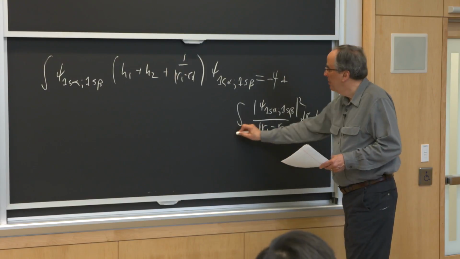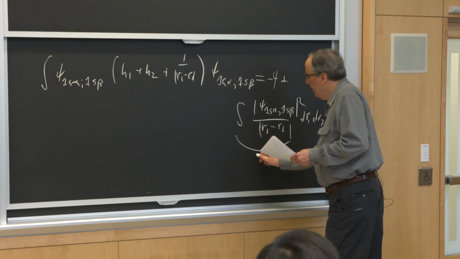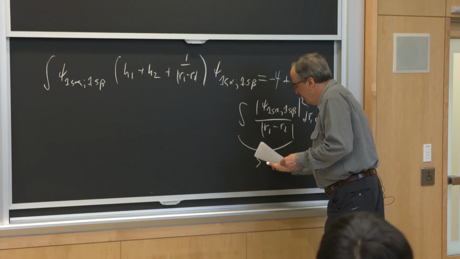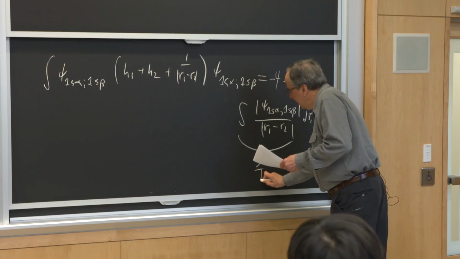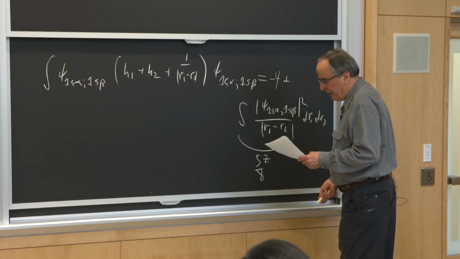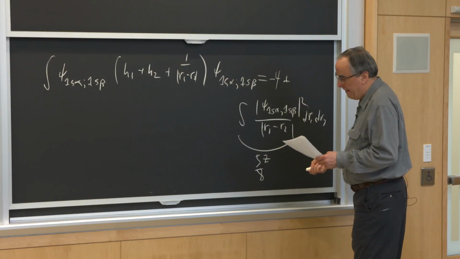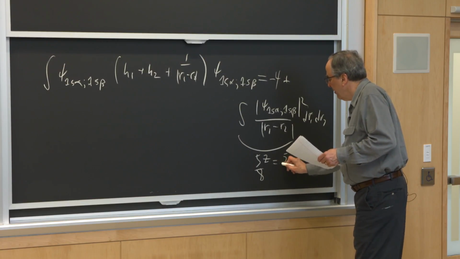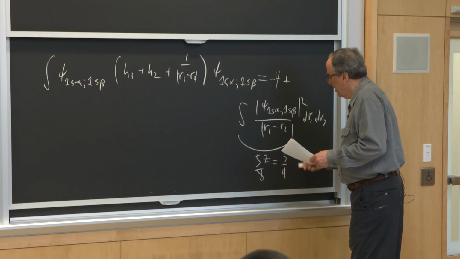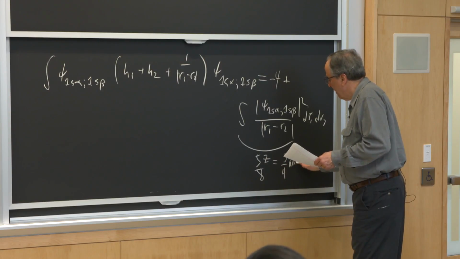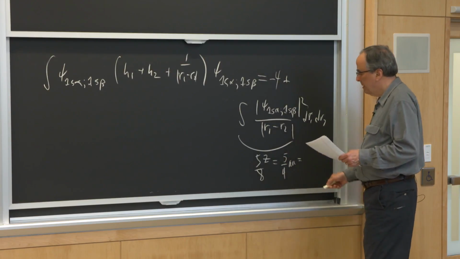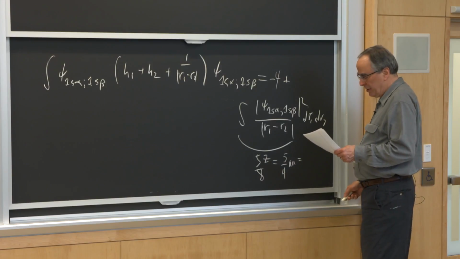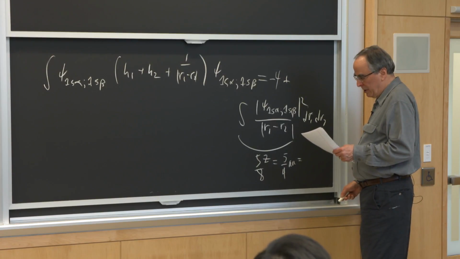And this integral turns out to be 5Z over 8. And converting that into units, that's 5/4 AU, and, why is it? That doesn't seem right.